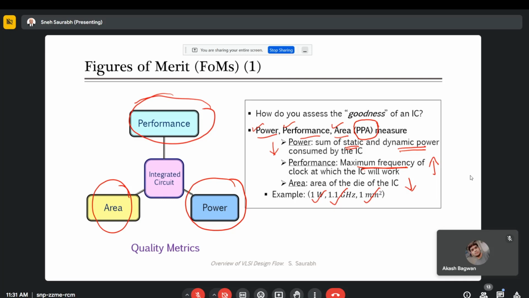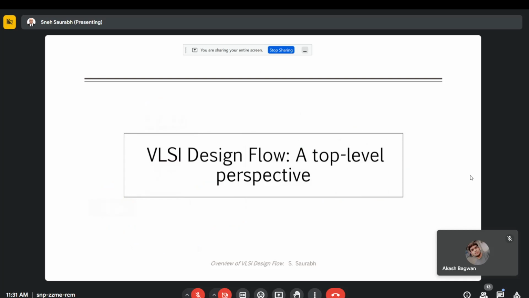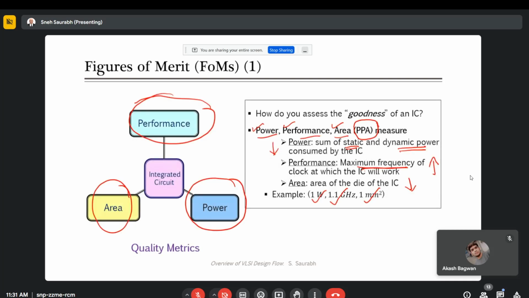Now, an important thing to remember is that whenever we design, we cannot attain all these PPA goals at the same time. Meaning that whenever we increase the maximum operable frequency, typically the area goes up, right?